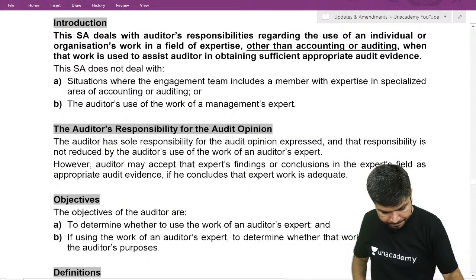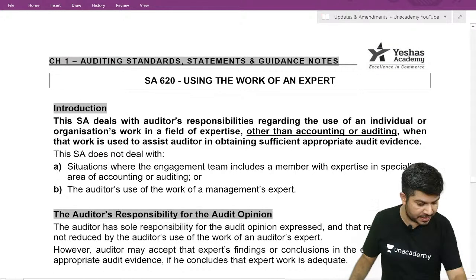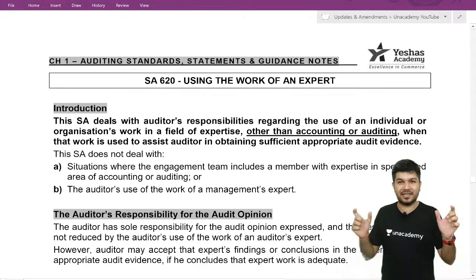Okay, this was your SA 610, going to SA 620. I know there's a bit of lag coming in the video. I don't know what the reason is, probably some problem with my system.